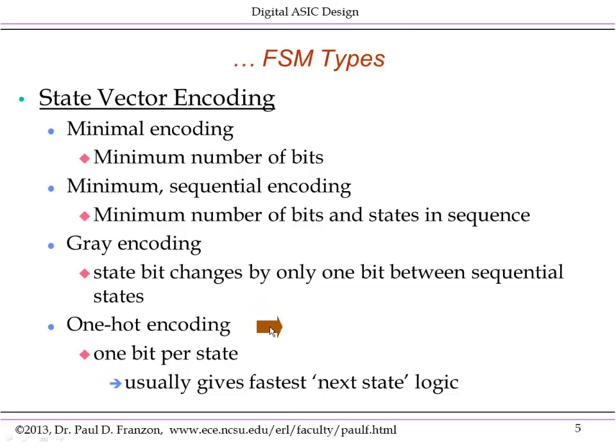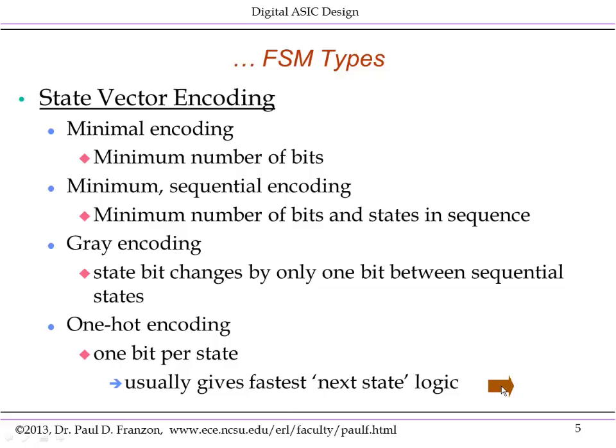One-hot encoding is also a fairly common encoding technique. Here, for 2 to the n states, we have 2 to the n bits in the finite state machine. That is 1 bit per state. The big advantage of one-hot encoding is that it leads to a much faster finite state machine, because you don't have to have any decode logic to work out what state you're in.